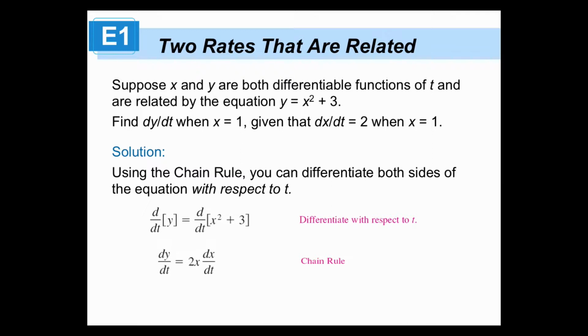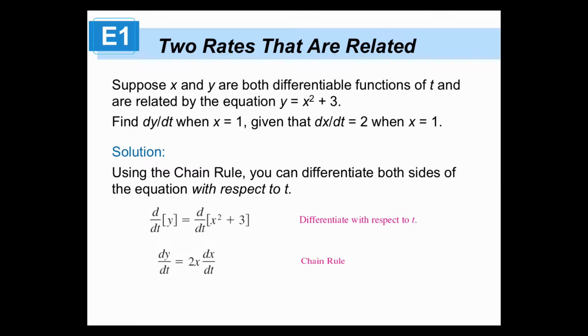How many variables in that final equation? Or I should say, how many unknowns in that final equation? 3. What are they? dy/dt is one of them, x is the other, dx/dt.